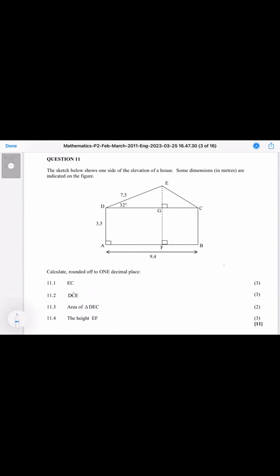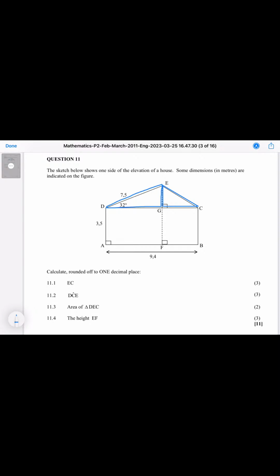Let's quickly check. You've got a right-angled triangle there. You also have a right-angled triangle there. Meaning you can use the trig ratios when answering questions related to those triangles, which are right-angled triangles.